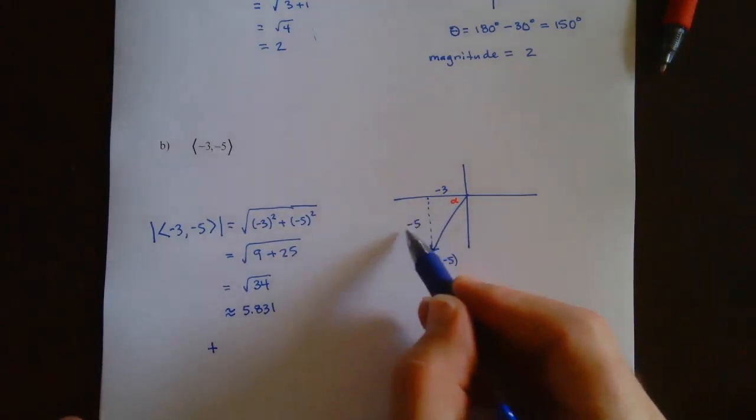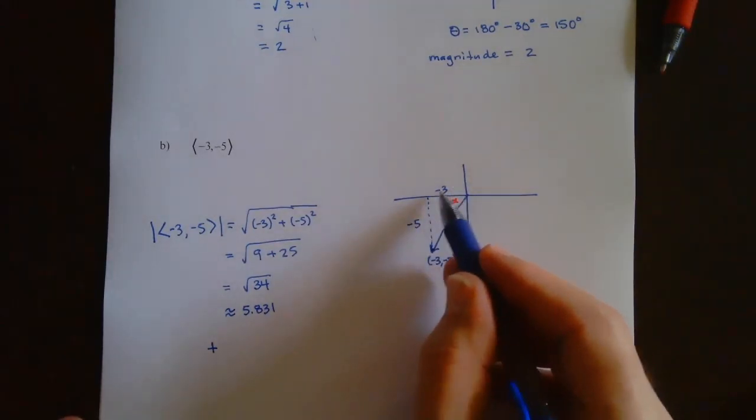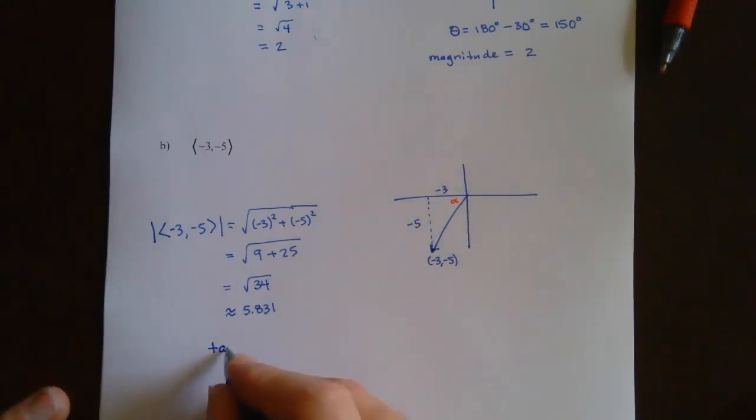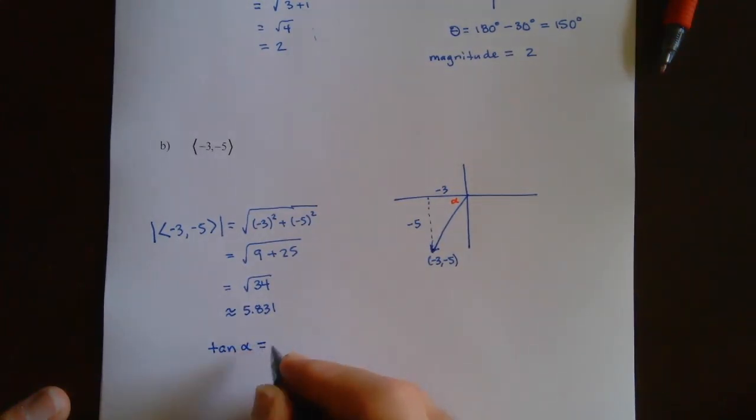The opposite side is 5 and the adjacent leg is 3. So we know that tan alpha is equal to 5/3.